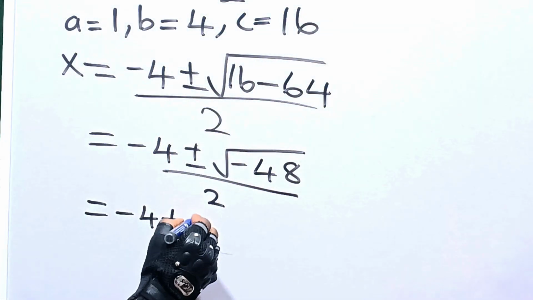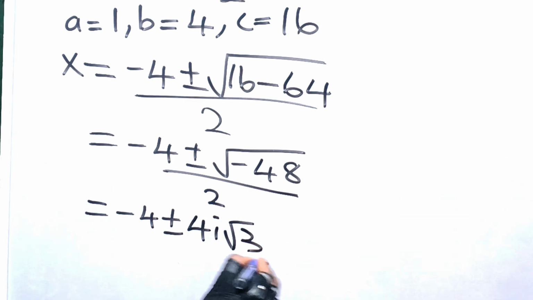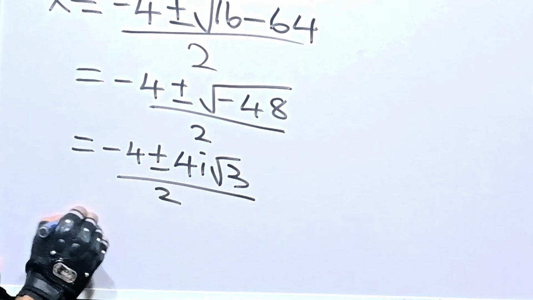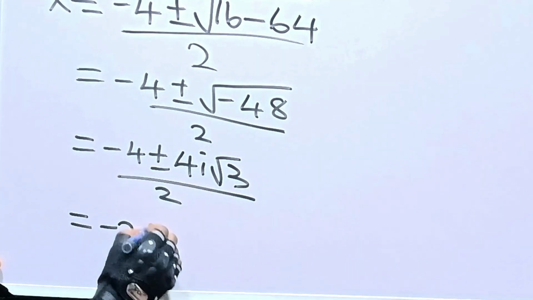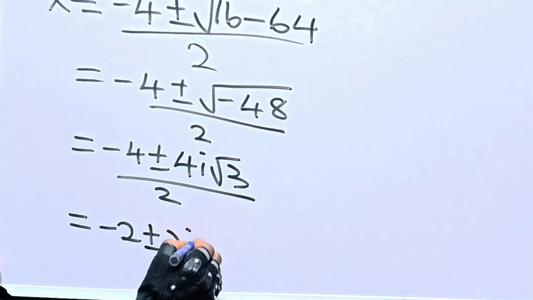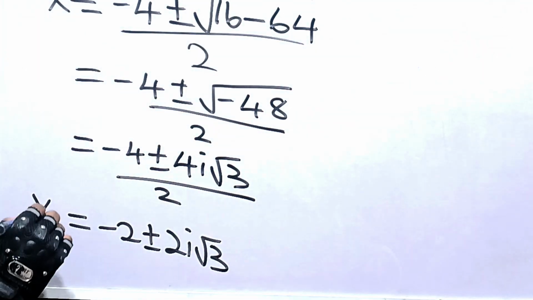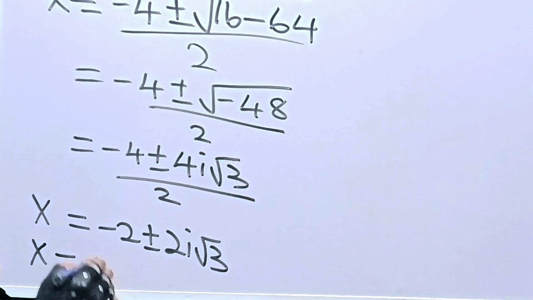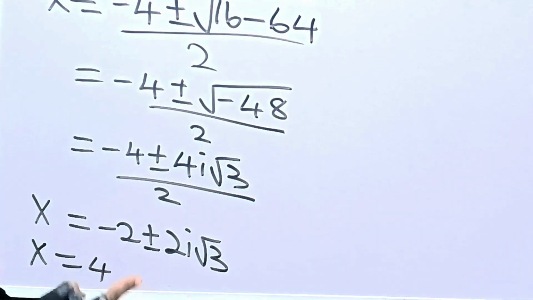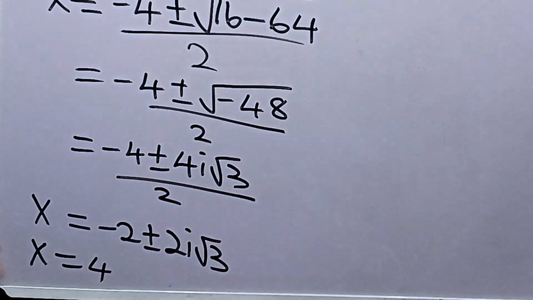So you have 4i root 3 divided by 2, which can now conclusively be equal to minus 2 plus or minus 2i root 3, to be equal to x. So our x is equal to 4, or minus 2 plus or minus 2i root 3. This is the final answer of this question.